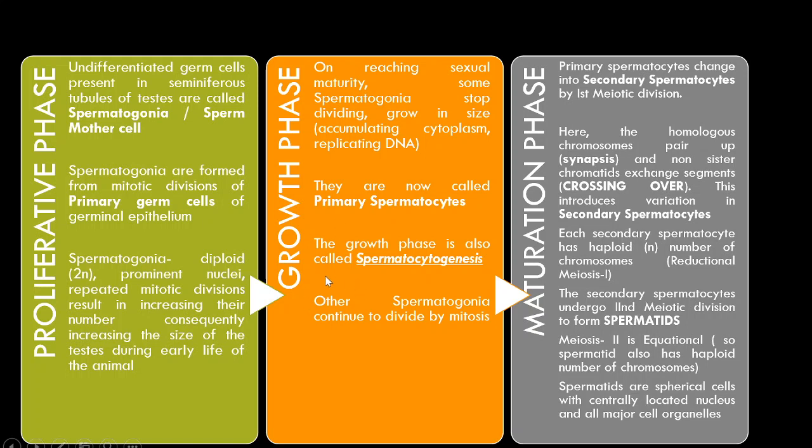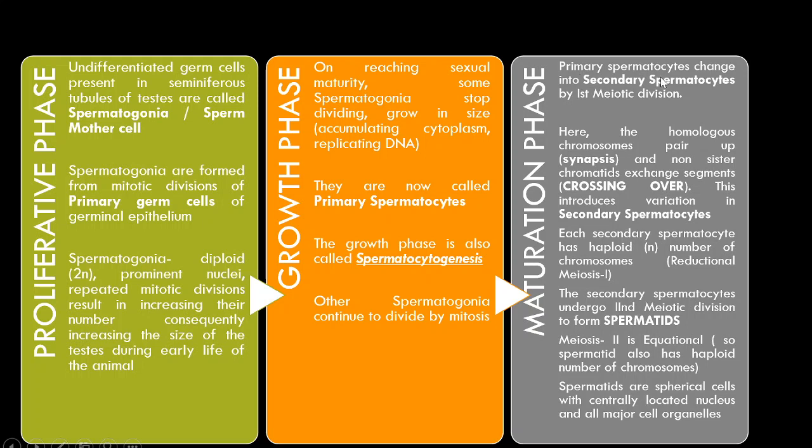This growth phase is called spermatocytogenesis. Spermatocyto means formation of the primary spermatocytes. The rest of the spermatogonia continue to divide by mitosis. So they continue to divide in the proliferative phase, whereas some undergo the growth phase.